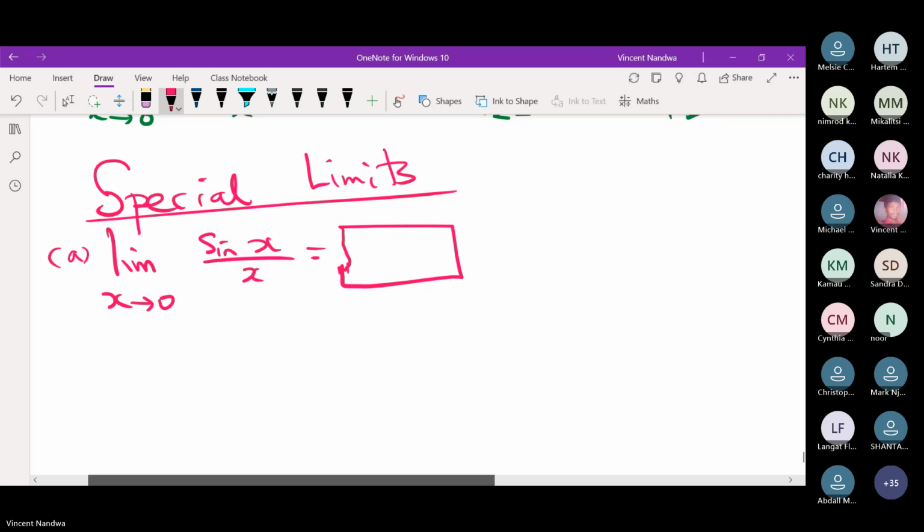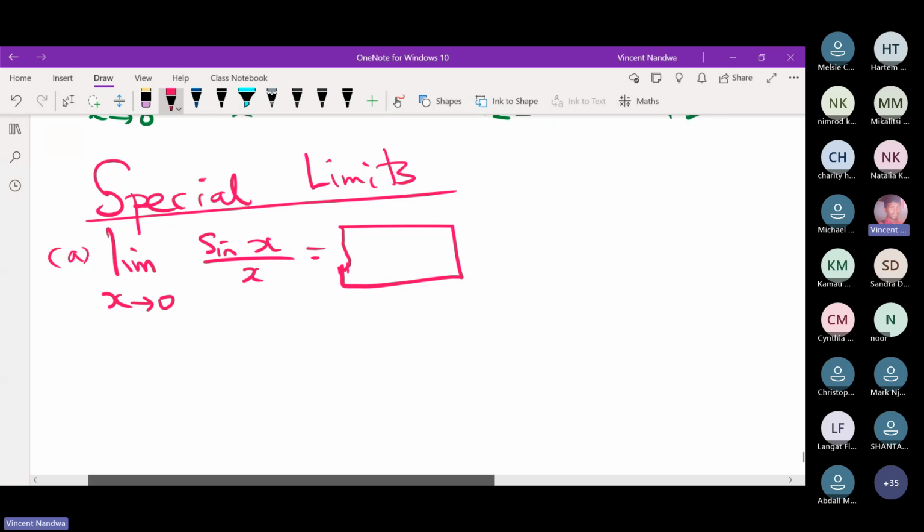If you directly substitute, what will be the value of the limit? What do you get if you directly substitute x for 0? You get 0?